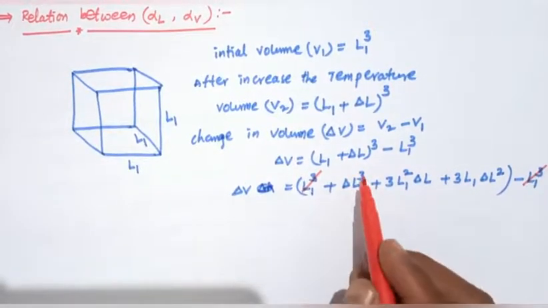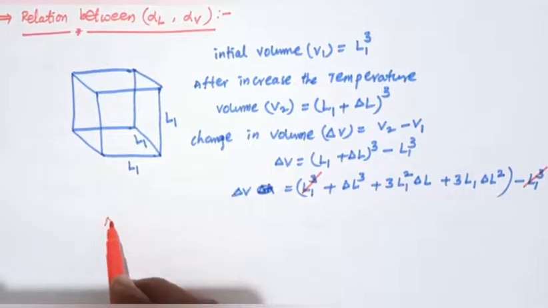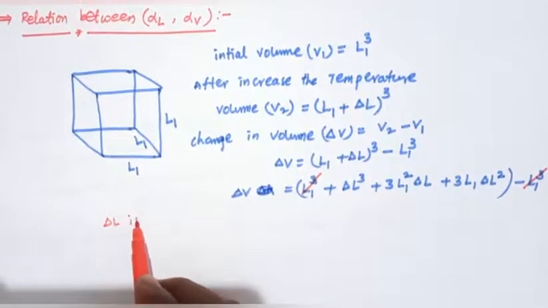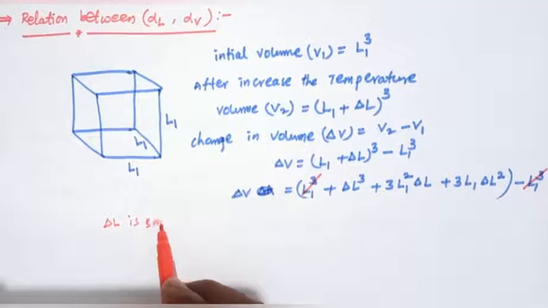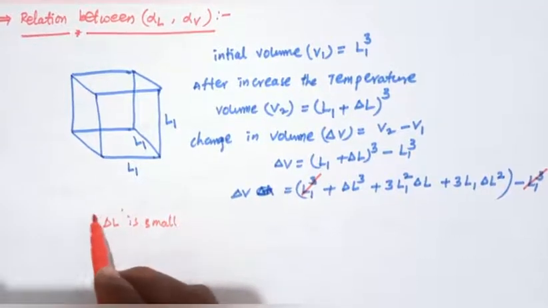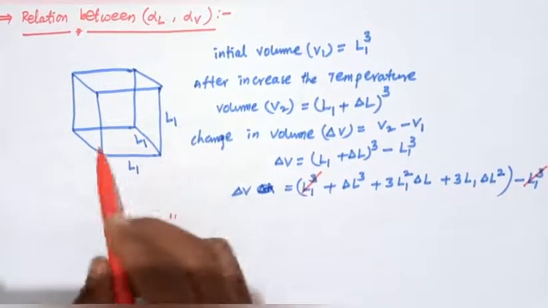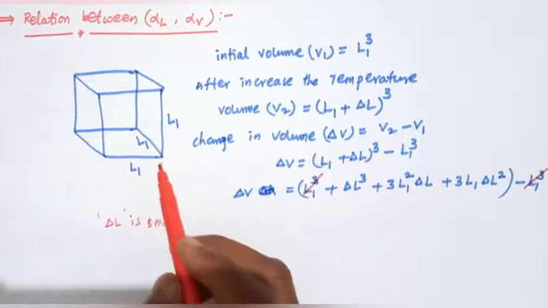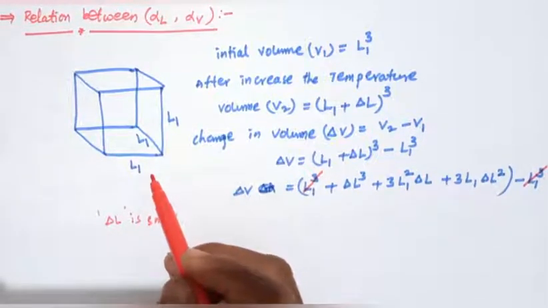For the higher order terms: we already know that delta L, the change in length, is very small, like 0.01 or 0.02.